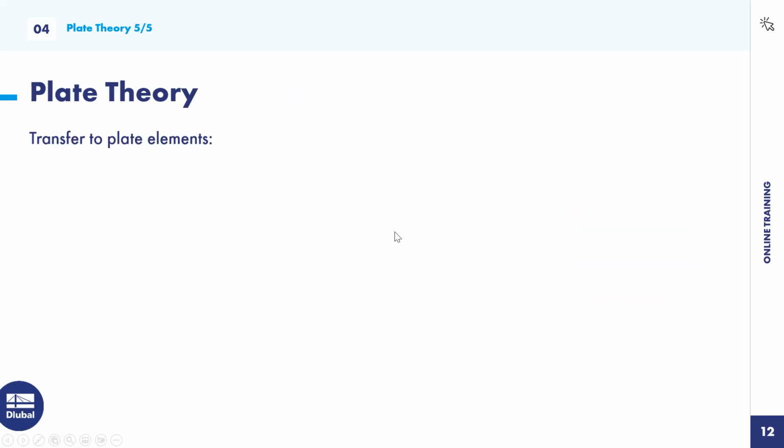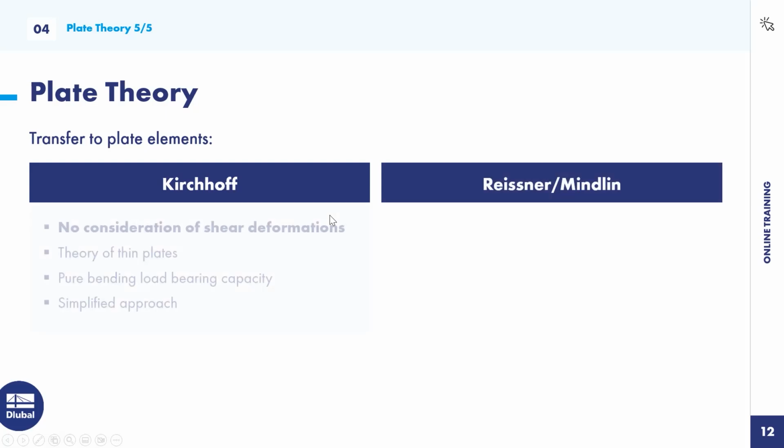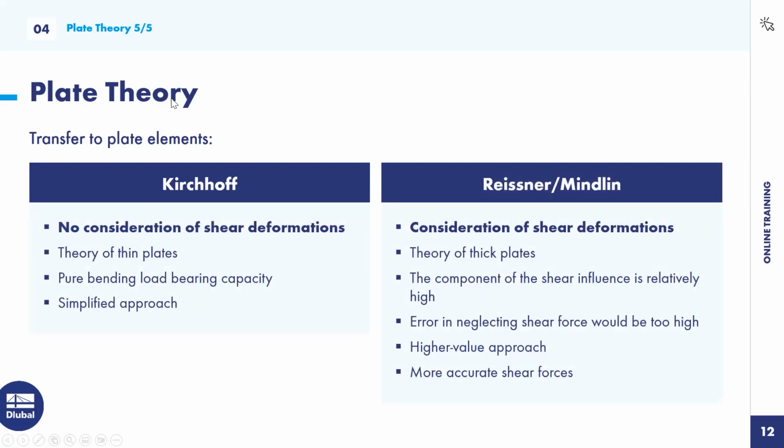Okay, let's go into the plate theories again. For the Kirchhoff, we said no consideration of shear deformations, and for the Reissner-Mindlin, there is this consideration. The Kirchhoff theory is the simpler one. It's kind of better for hand calculations.